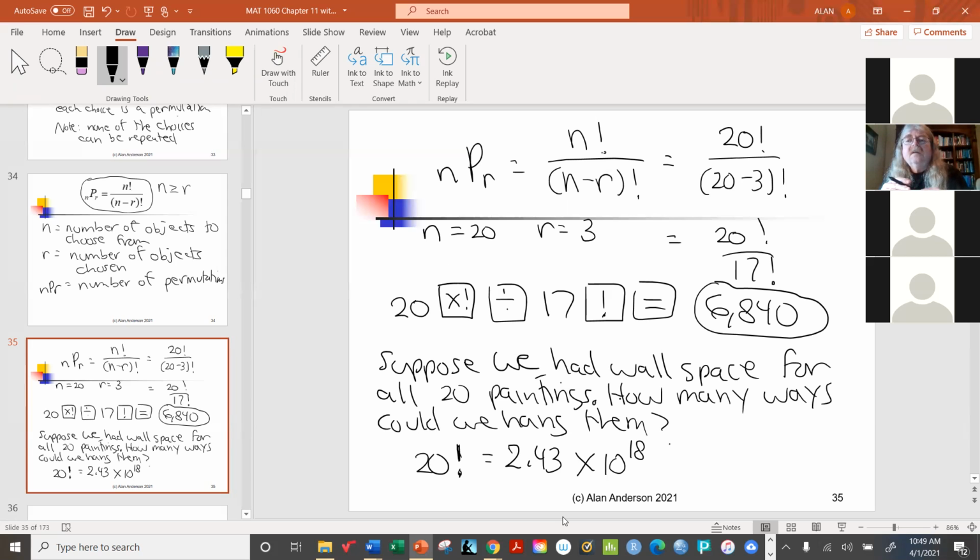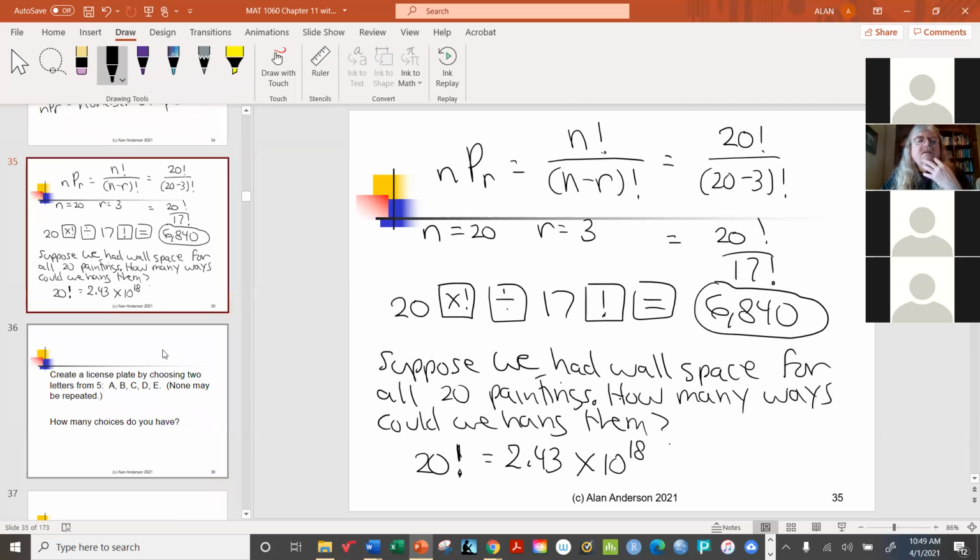Okay, so let's see if there's any other examples here that we could go through. Here's one. Suppose that you live in a tiny little state where there aren't that many people who own cars. Or it doesn't even have to be a state. Suppose it's an island like Guam, which is a US territory, and there aren't that many cars on the island.